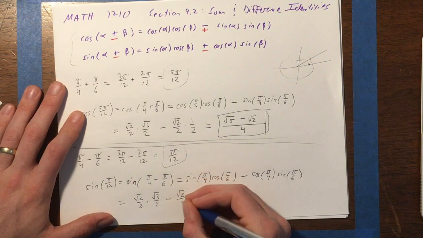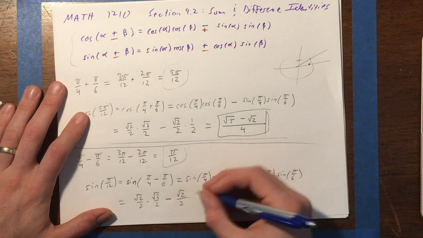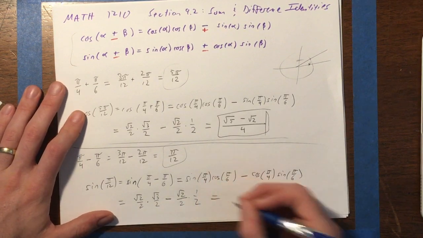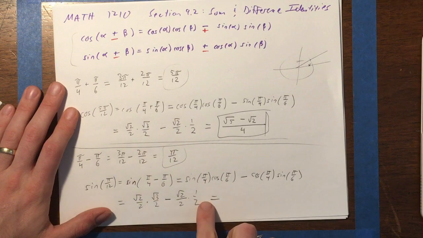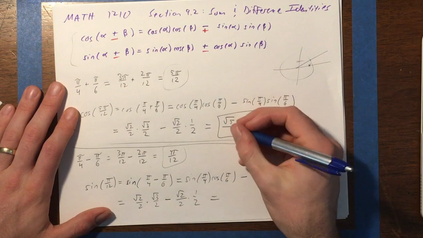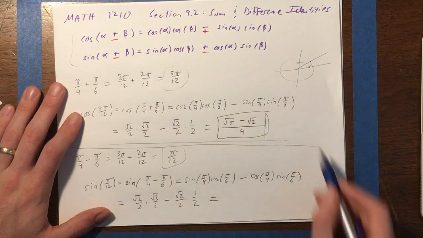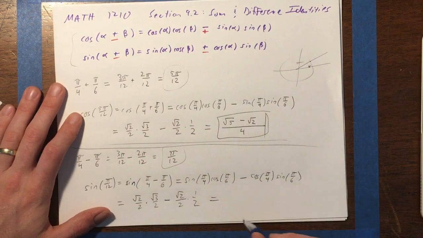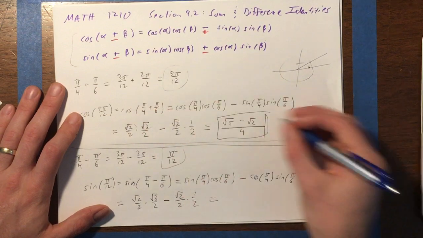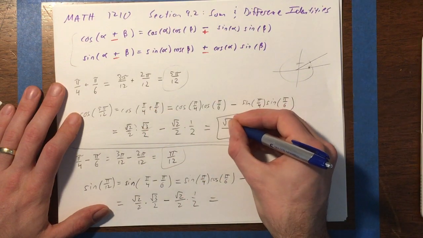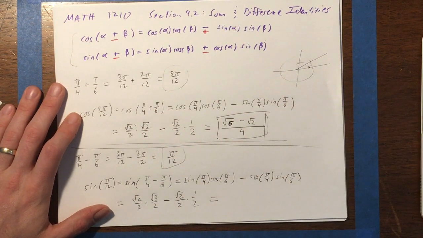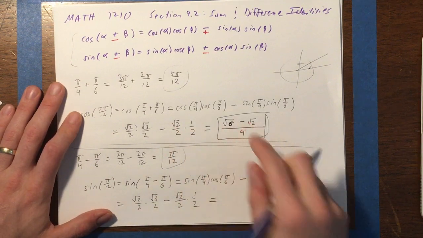root 2 over 2 times 1/2, which, ironically, is actually the same as the previous one. And I also realized I did this algebra wrong. So let's correct my mistake from the previous time. 2 times 3 is not 5, that's 6. Sorry, I was adding instead of multiplying, my bad. That's the square root of 6 minus the square root of 2 all over 4.